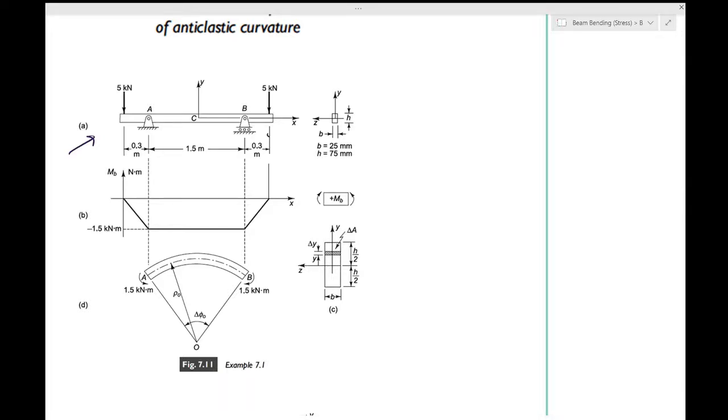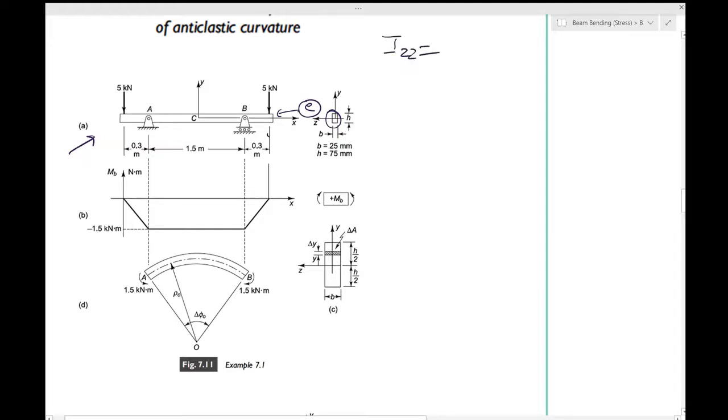Now to calculate the stress from 7.16, we must locate the coordinate axis to calculate IZZ. So you have this cross section of the beam. If you are looking at it from this side, and you want to find where the neutral axis would be, you have to calculate this IZZ.